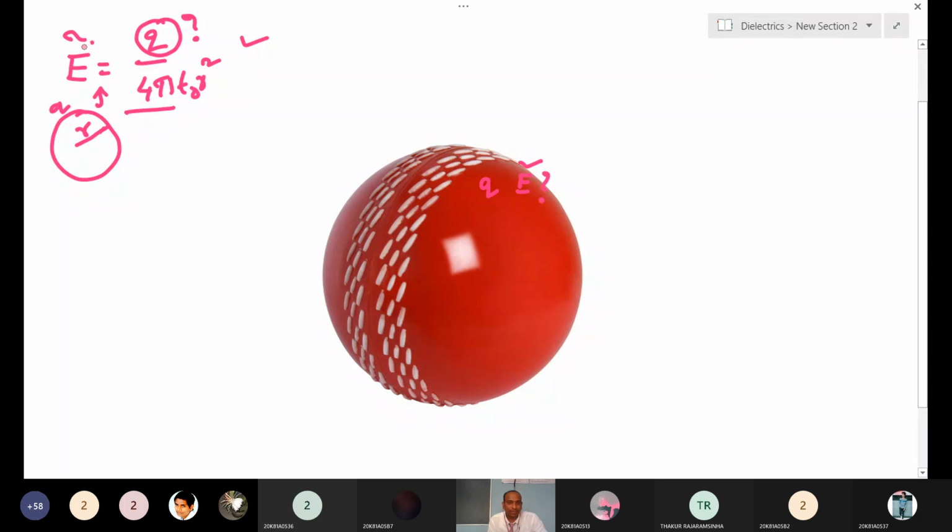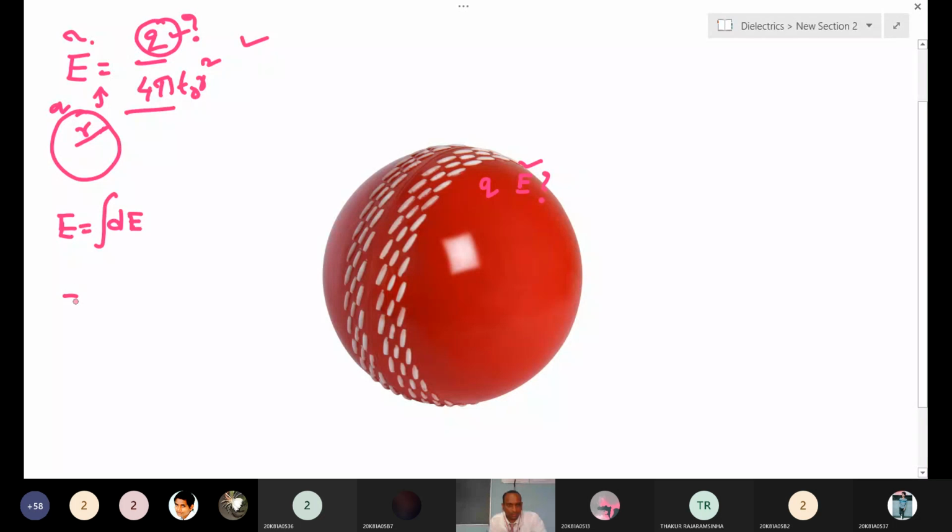Any doubt? Otherwise, please mute. If you have a doubt, you can ask. So we are going to estimate that charge. We can't estimate it directly and substitute. For estimating E, first we take the integration of dE.